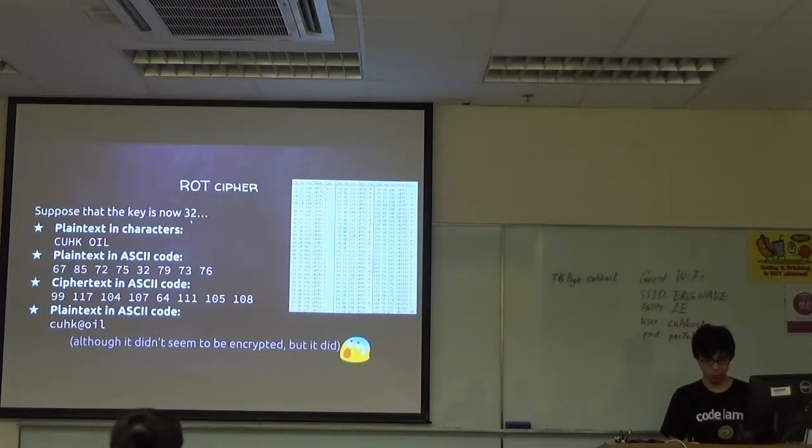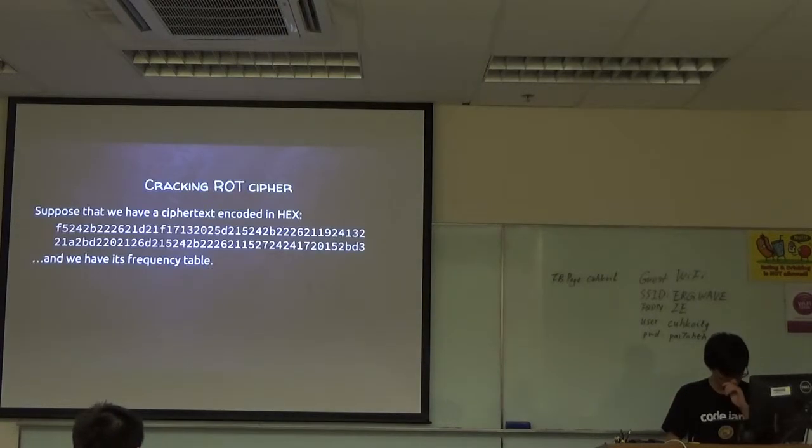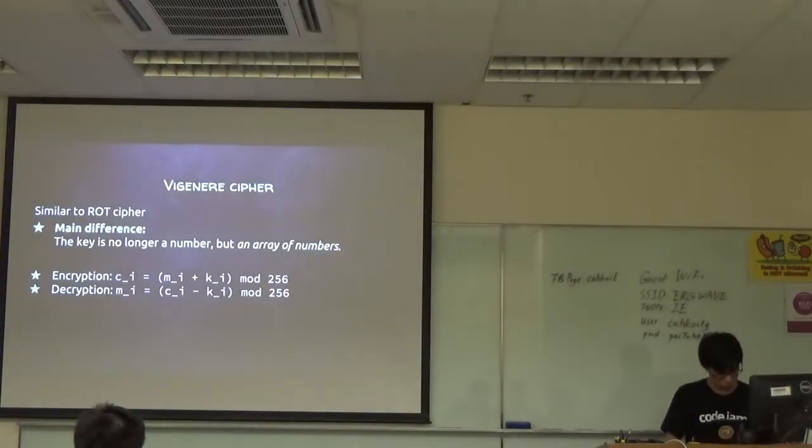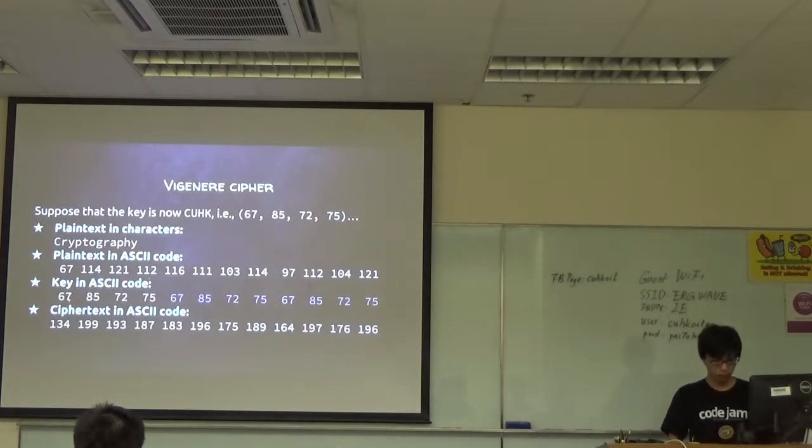Actually, if we use a space as a key and convert it to ASCII, it is also 32, so it is the same. And how can we encrypt a message using the key? The key is only 4 characters long.